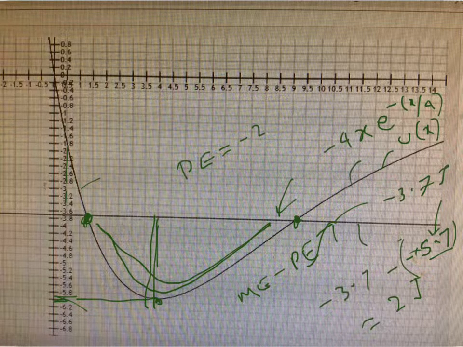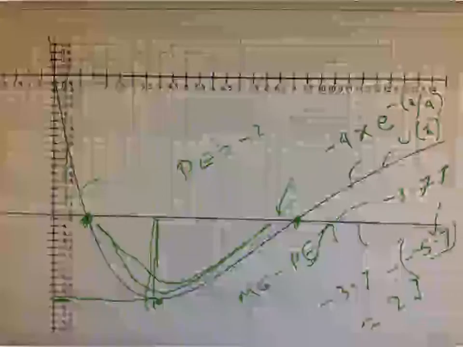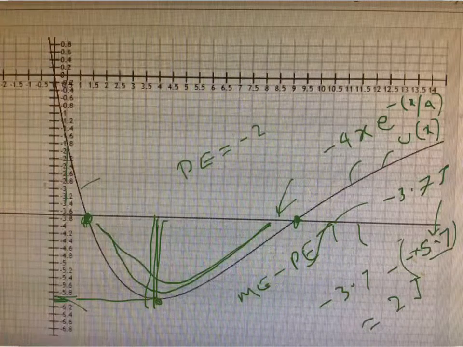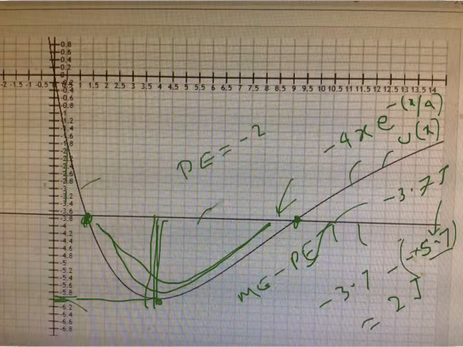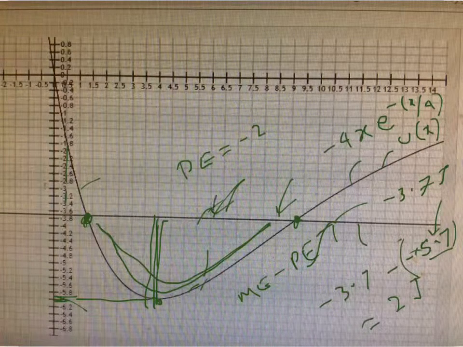So it should be mechanical energy minus potential energy. It's still the same distance, but both of them are negative, so this one minus that one will give the positive value.